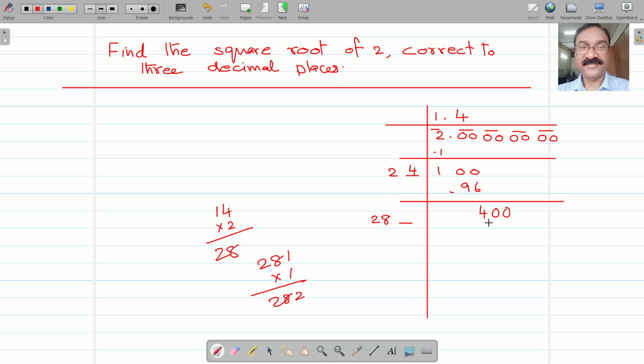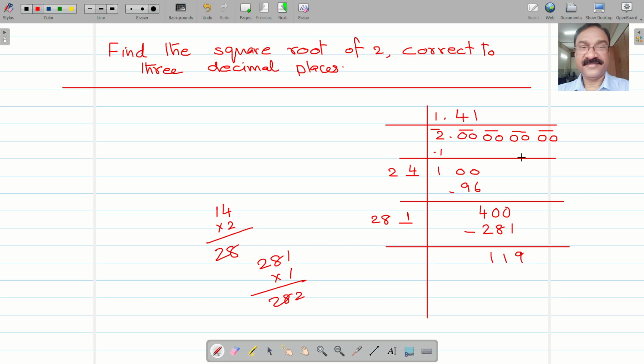The biggest number I can get that does not exceed 400 is 281, so it is 1 only here, and write 1 in the quotient also. Now I am going to subtract it. 281 is subtracted from 400, and we get 119.